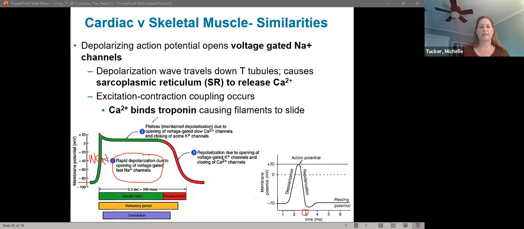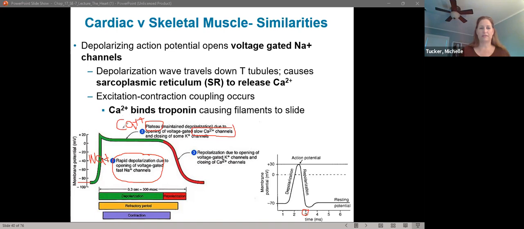In cardiac contractile cells, there are slow calcium channels. So this plateau is maintained by this slow influx of calcium ions.